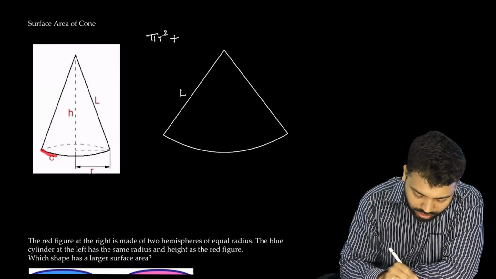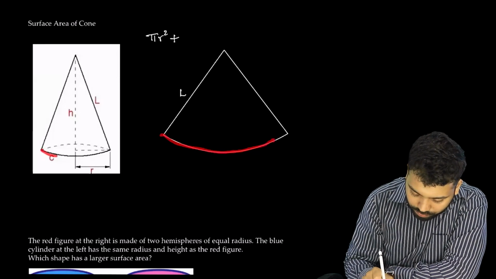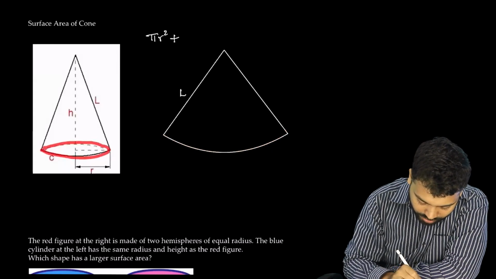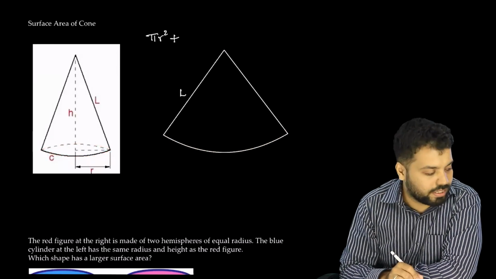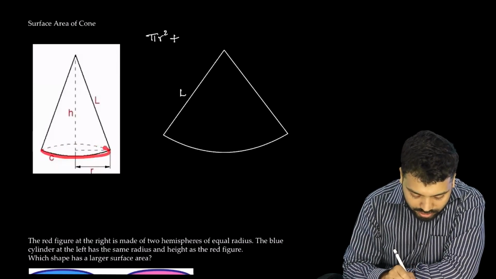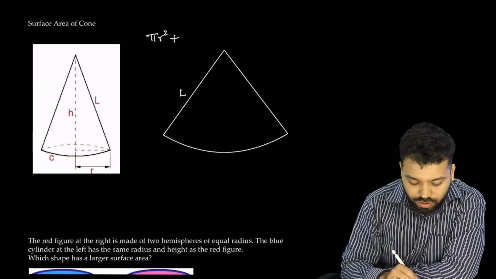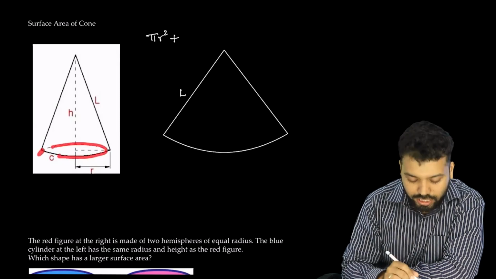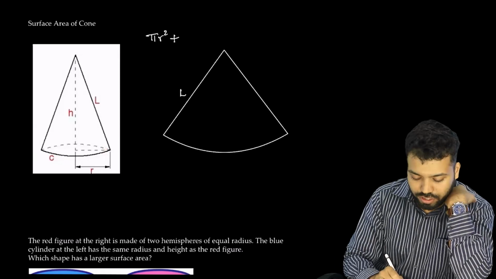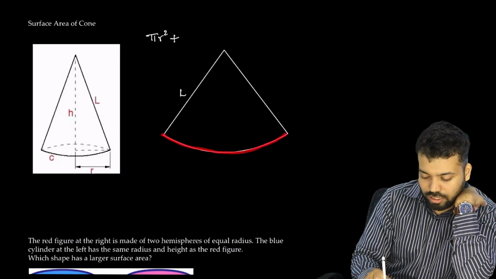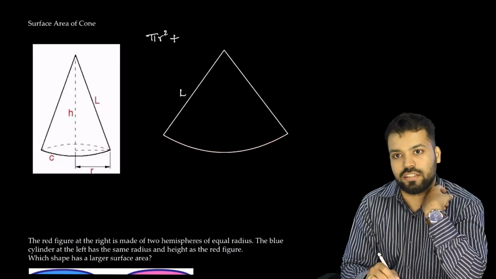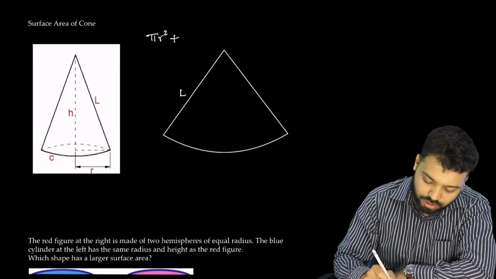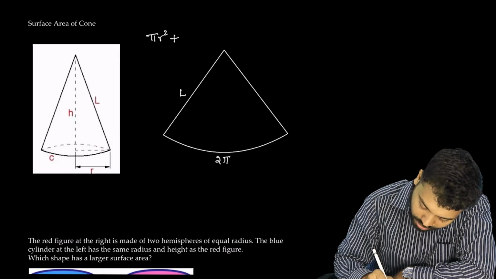Because this arc is nothing but this circumference, correct? We have cut it open somewhere and opened it, and we got the base circumference to be like this. This length and this length are the same. So this is 2 pi r.